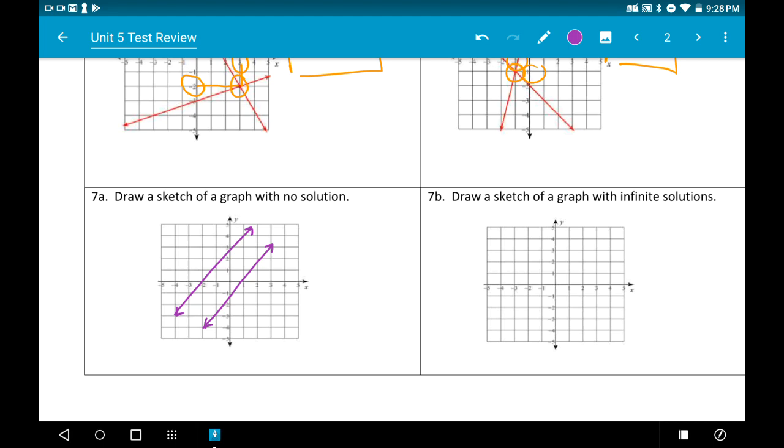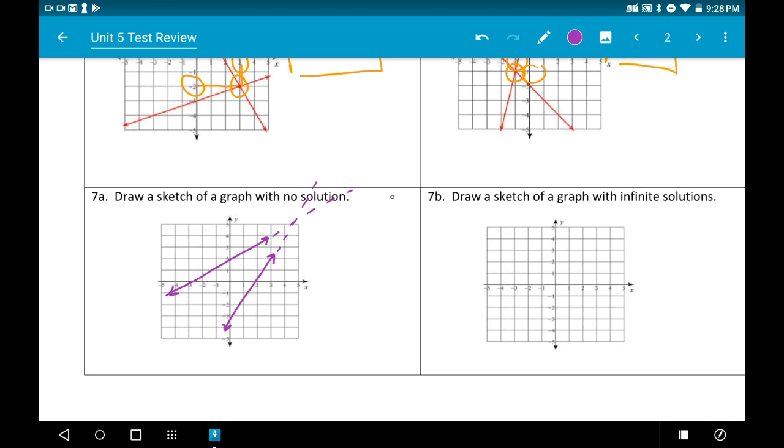never touch. So I'm going to erase this, but one thing I want you to be careful with, I'm going to show you some things that you may get confused about. These two lines right here look like they don't touch. But notice there's arrows on the end, so they're going to keep going. So off of this graph, I'm going to draw dotted lines to show what would happen.